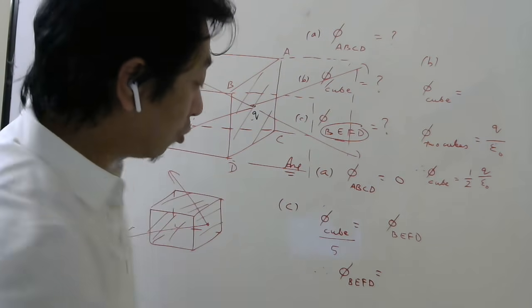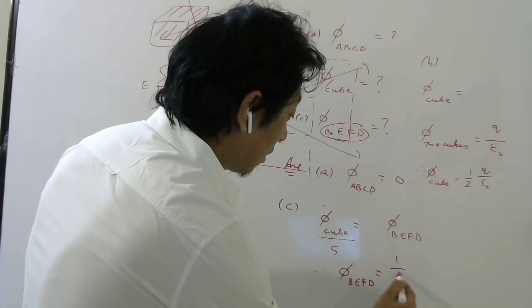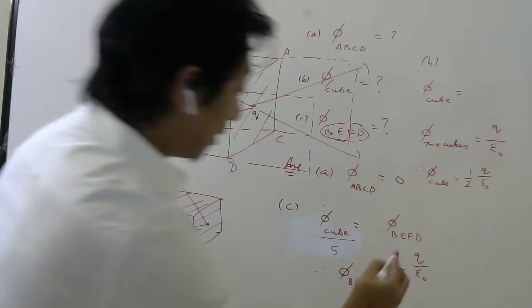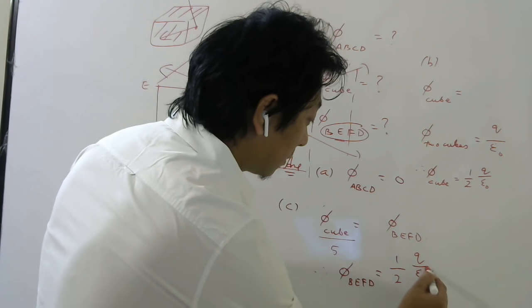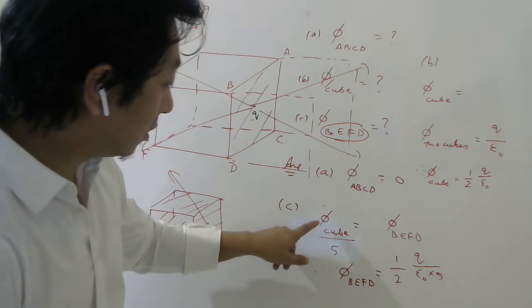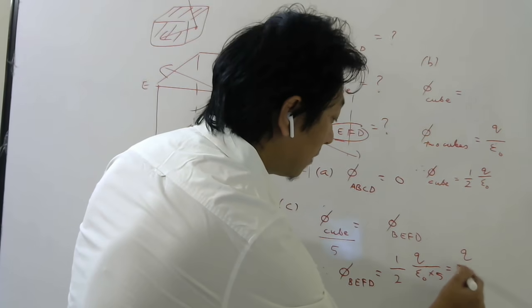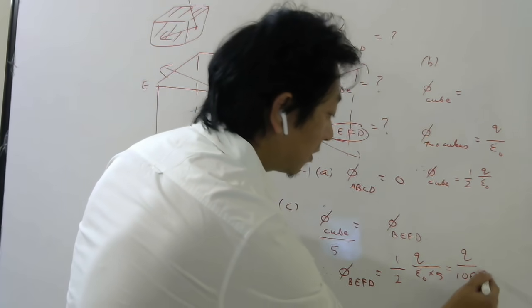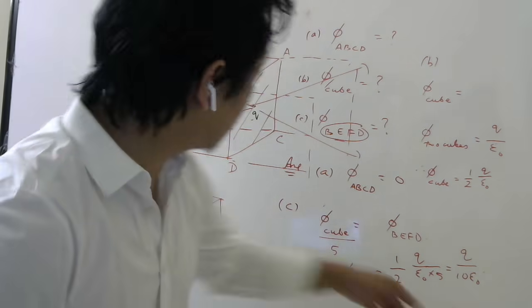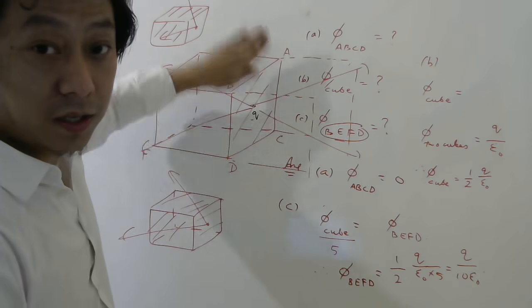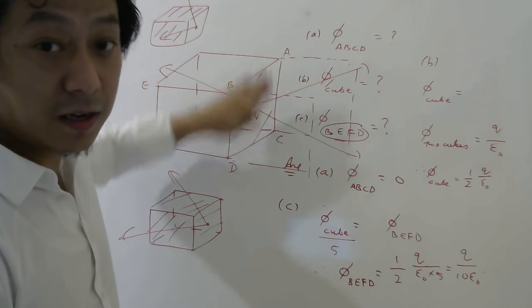So flux through the cube is how much? Half q by epsilon naught. Then you should divide by 5, because it is flux through the cube divided by 5. So then you will get q by 10 epsilon naught. So this is the flux through one surface except this surface. Only this surface will not result in flux.